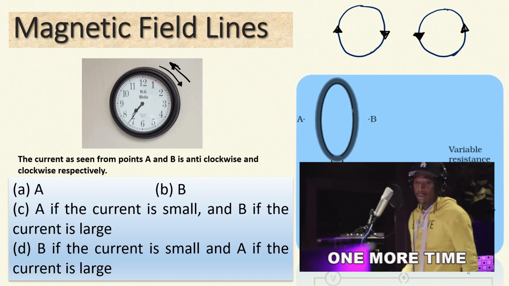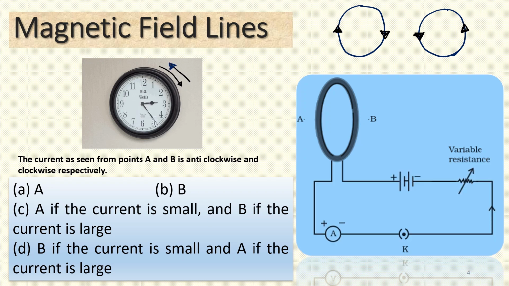So there could be only two directions possible over here: one is clockwise, the other one is anti-clockwise. So understand the concept. What we do is we write S inside both the loops, and at the ends of the S, let us put arrows.